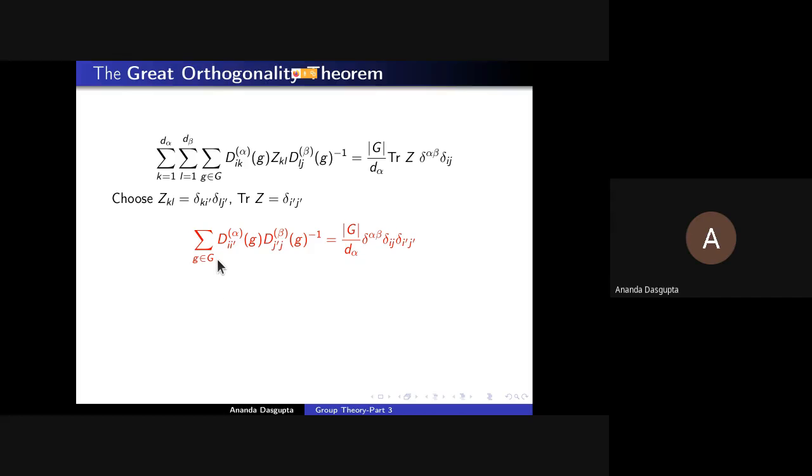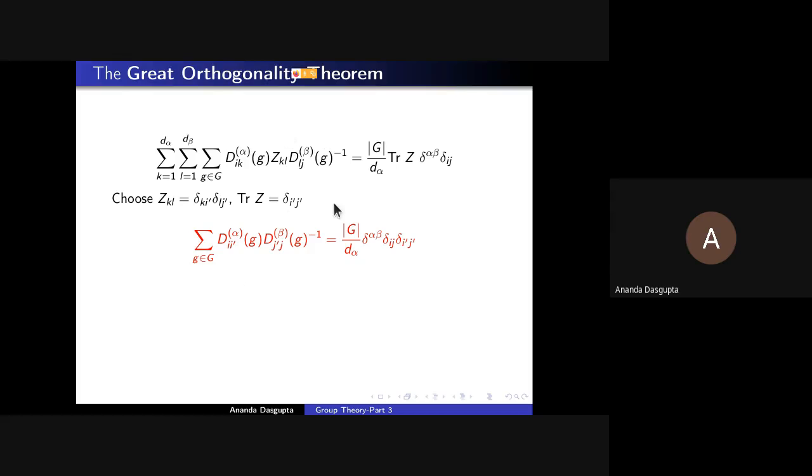But what do you have here? You have i, which can take any one of the d alpha values, i prime, which can take any one of the d alpha values, j prime and j can take any one of the d beta values. So these are really d alpha squared times d beta squared equations, one for each possible value of i prime, j prime.